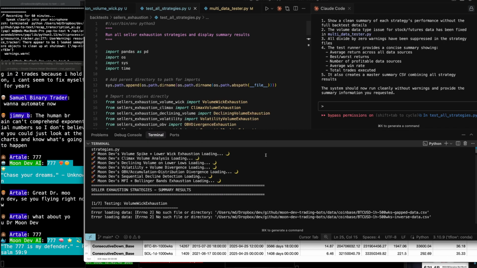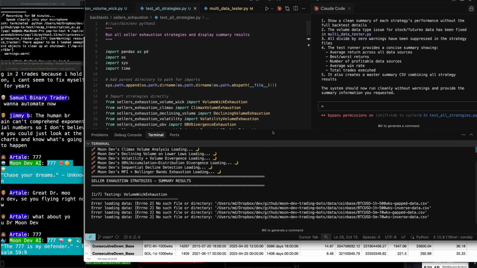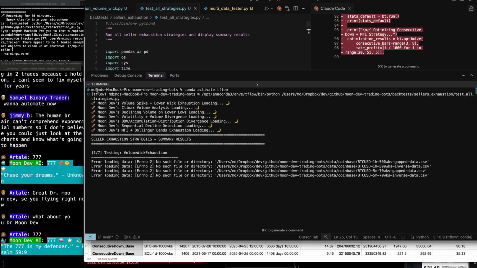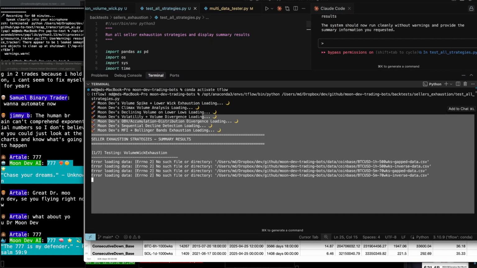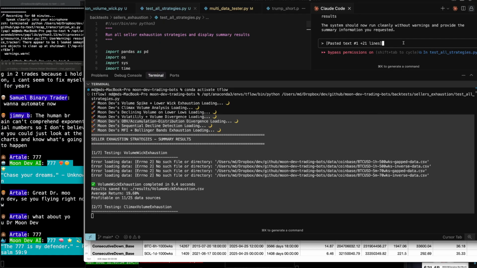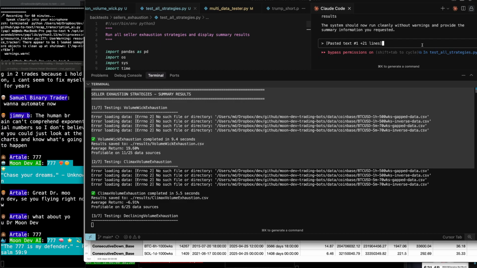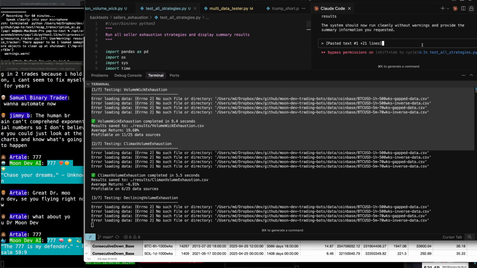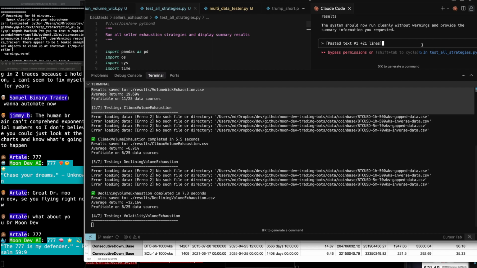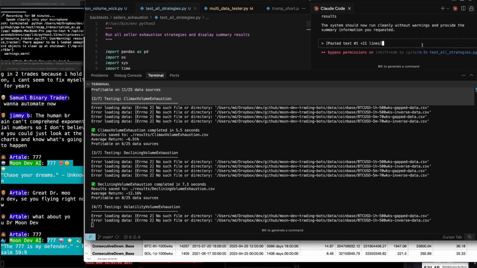All right, let's see how this looks now. Error loading data. Buddy. Yo, looks like we got this little error here with this data. I don't know why. Also, it should show the summary. The summary that had all of the results from all the backtests.